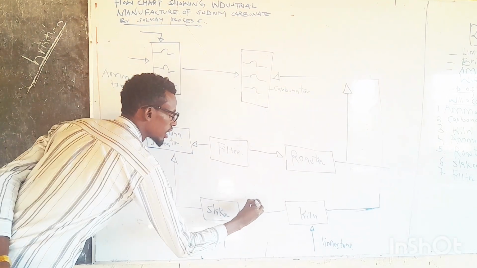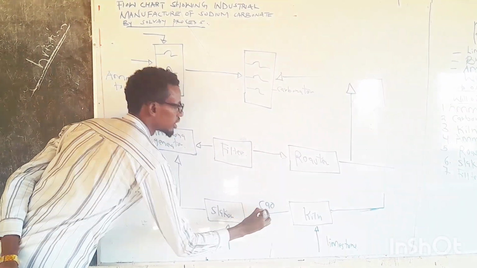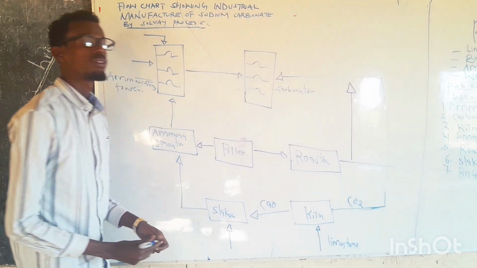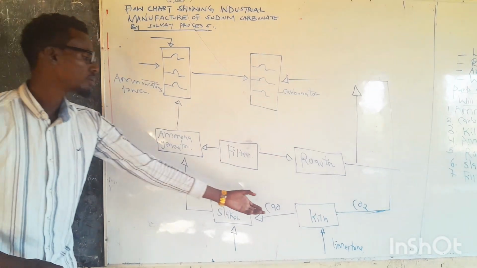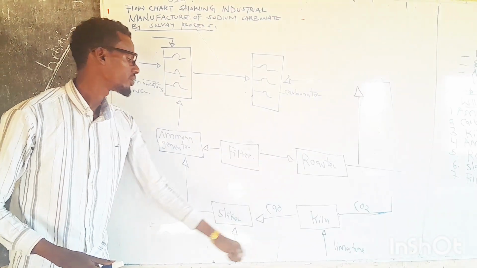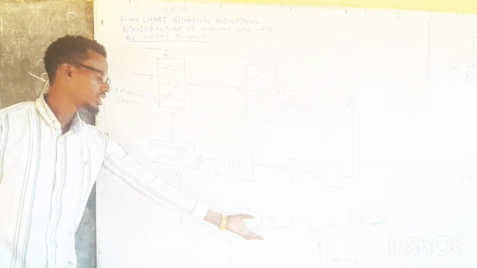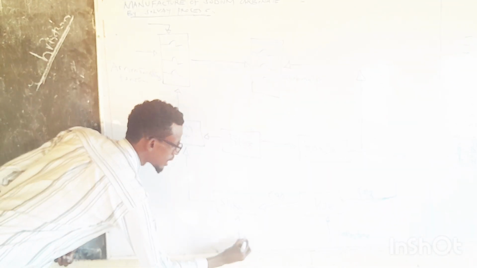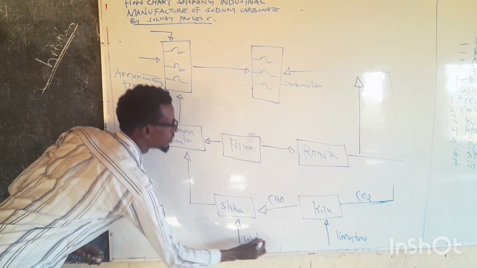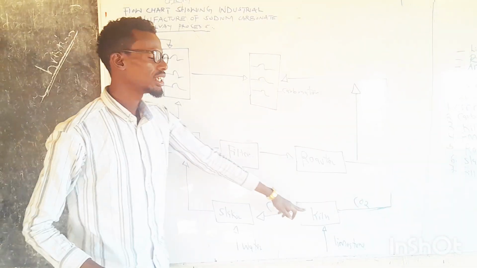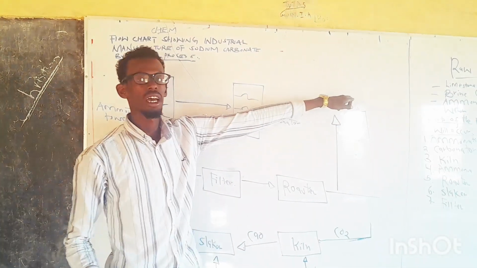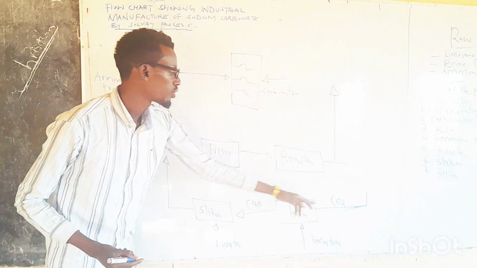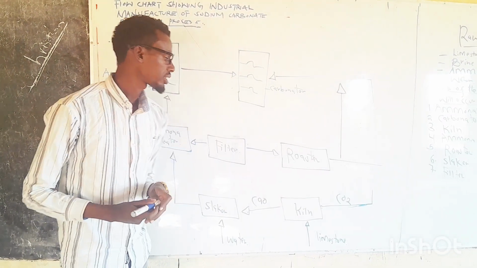The calcium oxide produced from the kiln will be pumped into the slacker, where water comes in. And the carbon dioxide will be pumped into the carbonator.